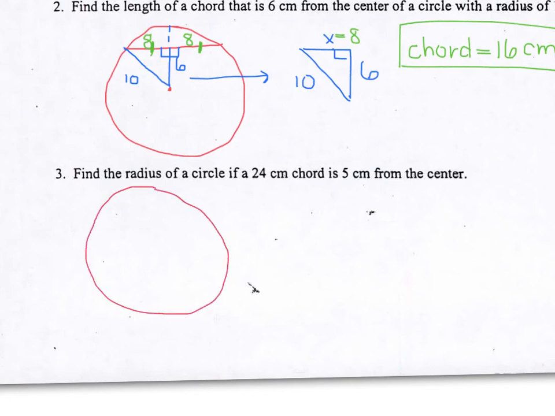Find the radius of the circle if a 24 centimeter chord is 5 from the center.